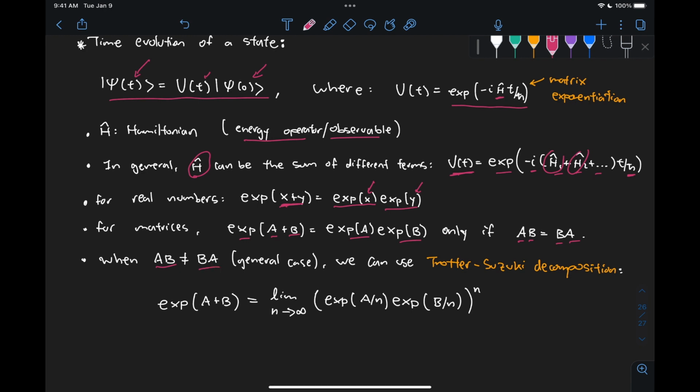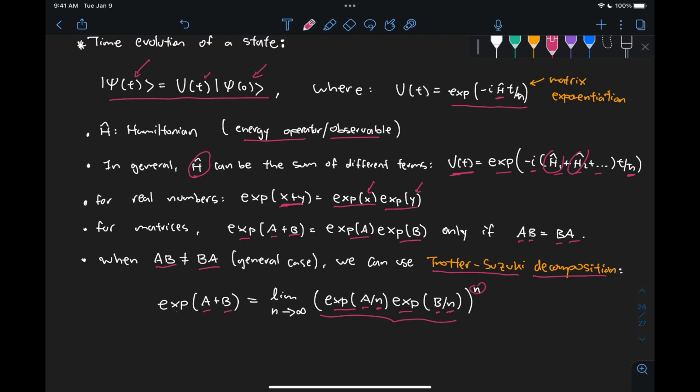We use what is known as the Trotter-Suzuki decomposition. That's just an approximation in which the exponential of some matrix A plus B is given by the multiplication of the exponential of the matrix A divided by some number n times the exponential of B divided by n, and then we repeat that n times.